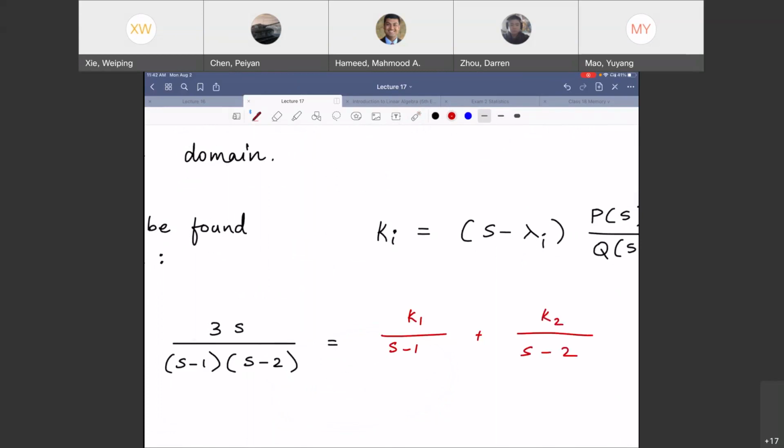Next, I need to find k1 and k2. So how am I going to find k1? Well, I can find k1 by putting a 1 for S, blocking off S minus 1. So I'm going to block off S minus 1, and I'm going to substitute a 1 here and here. What do you get? 3 times 1 divided by negative 3, right?